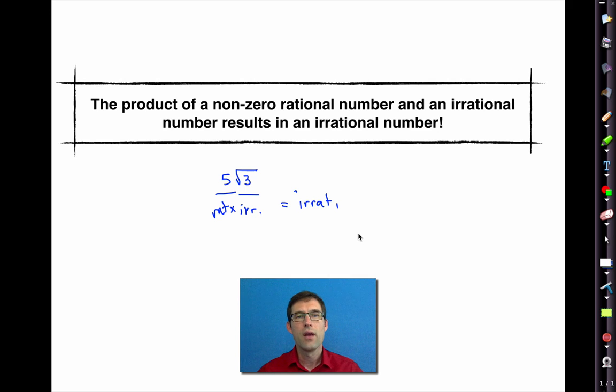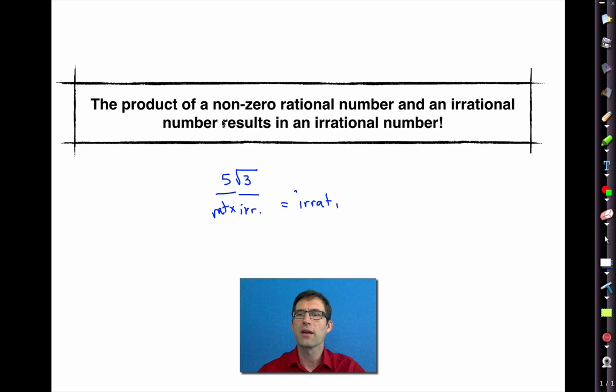All right? So the product of a non-zero, I hate the fact that we have to throw that in there, don't you? It'd be great if I could just say, hey, the product of a rational number and an irrational number is irrational. The problem is 0 is a rational number, and 0 times anything is 0. That's the zero product law, right? So it's good to know this.